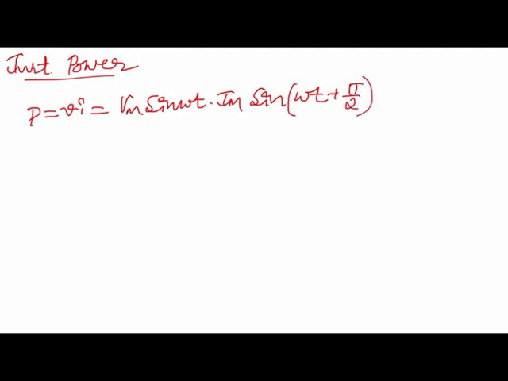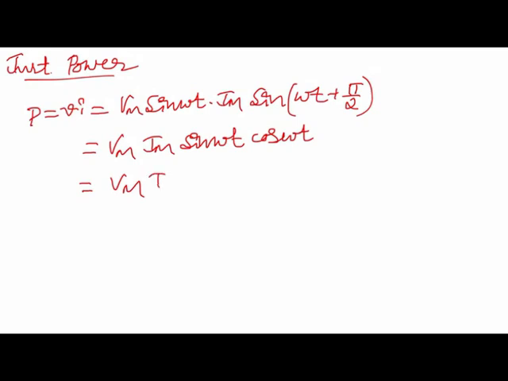Sin(omega t plus pi by 2) is cos omega t. So this can be rewritten as Vm Im sin omega t into cos omega t. Applying the trigonometric formula, sin theta into cos theta is equal to sin 2 theta by 2.